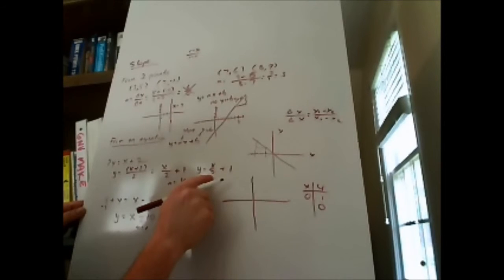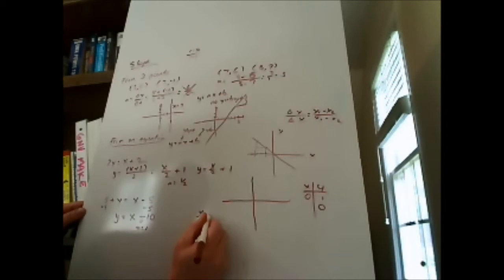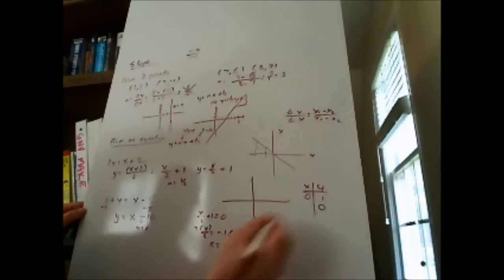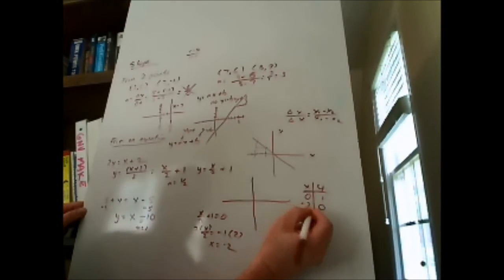Well, x over 2 plus 1 is equal to 0, right? So x over 2 is equal to minus 1. Gotta get x on the other side, and multiply both sides by 2 in order to get rid of the divide by 2 here. X is equal to minus 2. So when y is 0, x is minus 2.